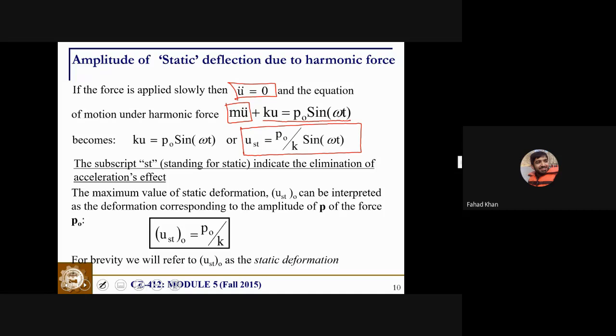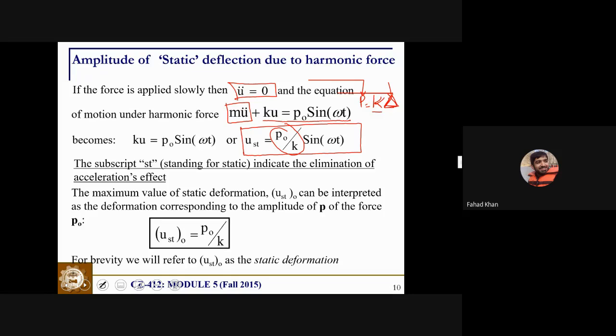Now, if you look at this P naught by K, this represents the famous formula P is equal to K times delta. Whatever the deformation is, that deformation is because of the force. When you have a structure whose stiffness is finite and known, the structure will deform corresponding to the stiffness of the system.